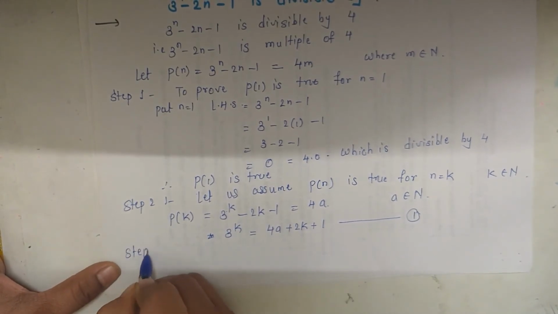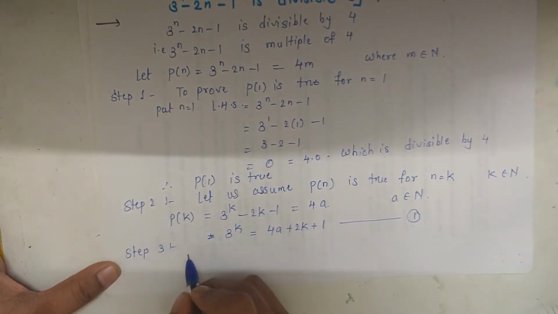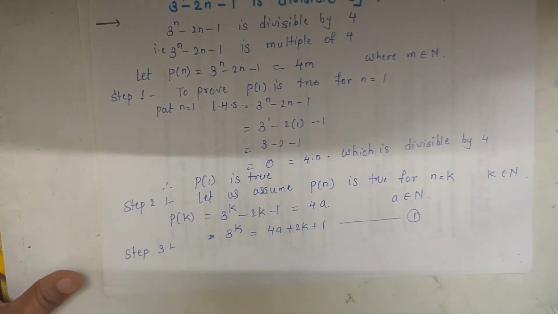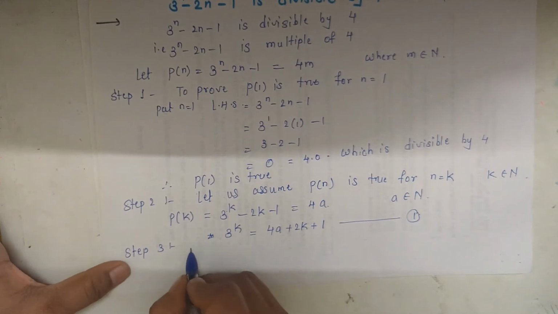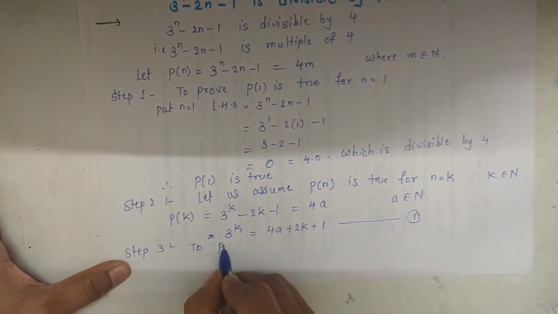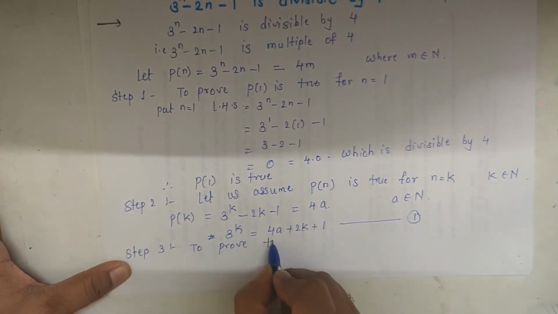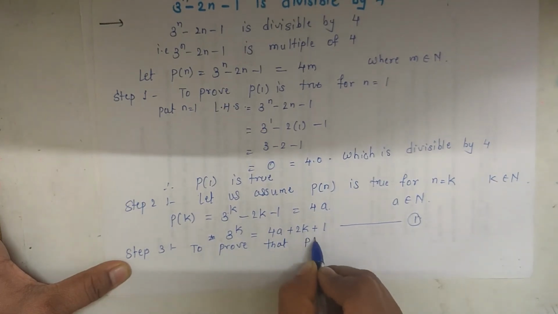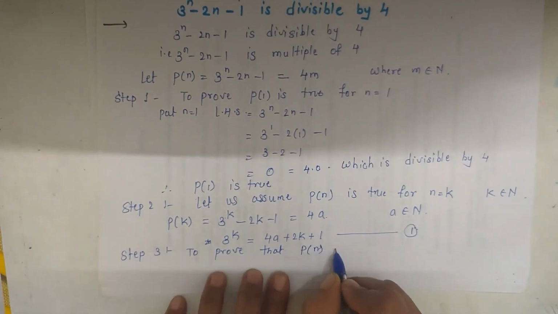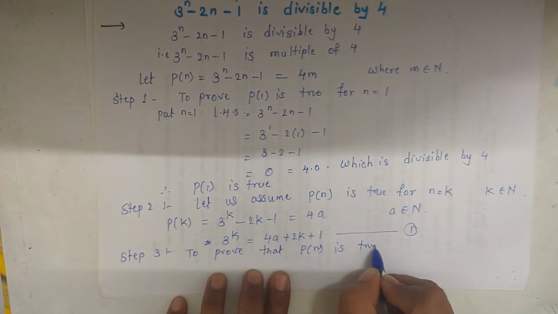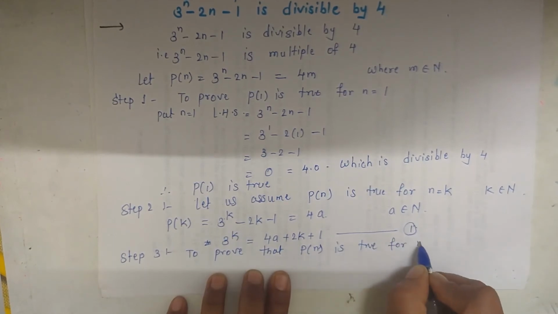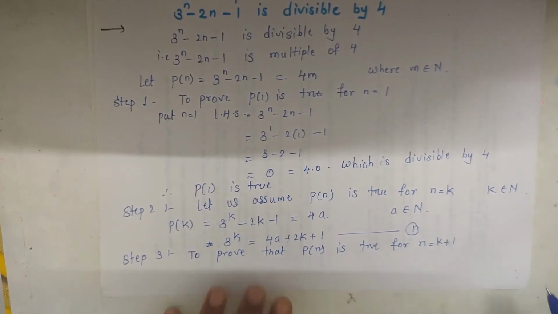Now in step 3 we have to prove that P of n is true for n is equal to k plus 1.